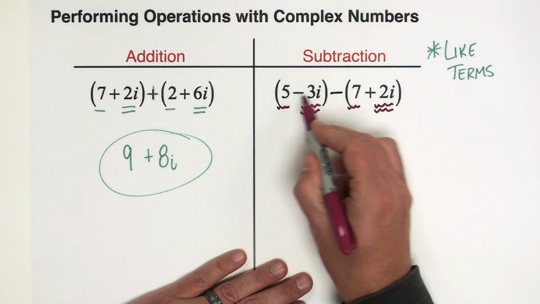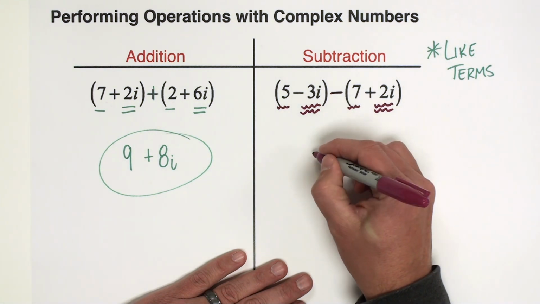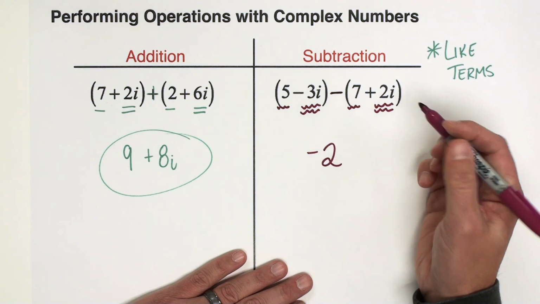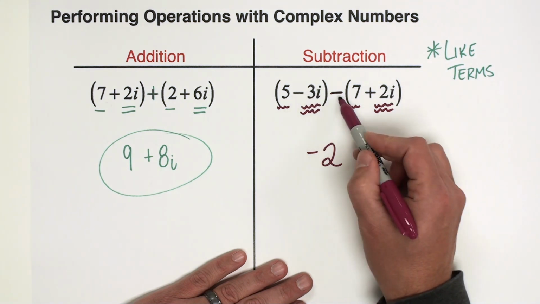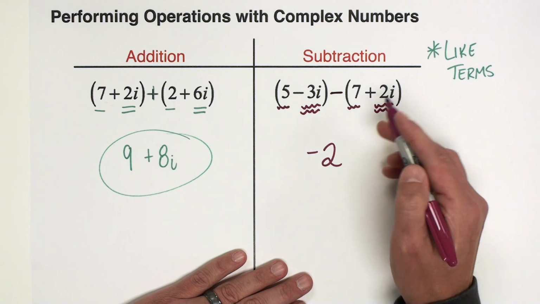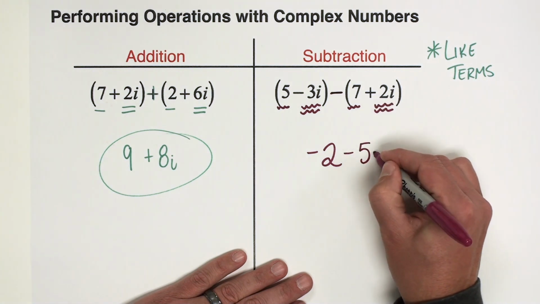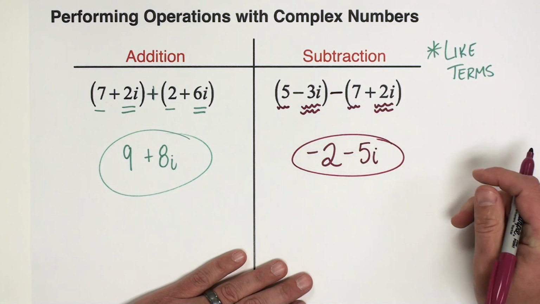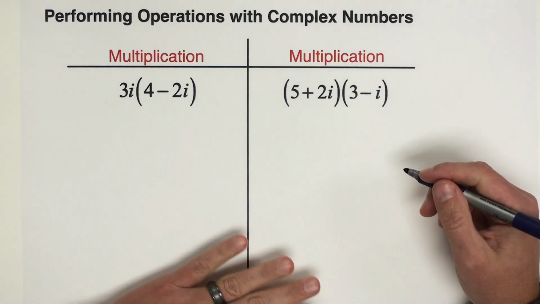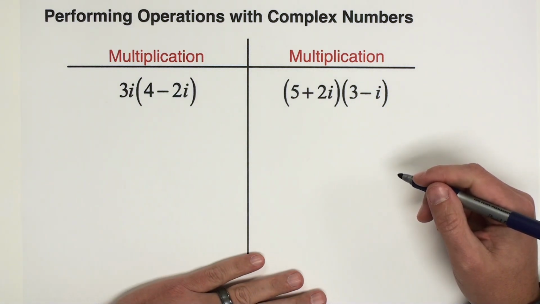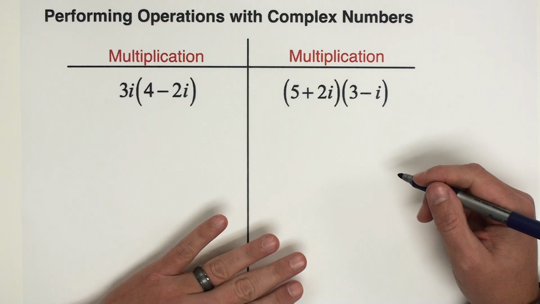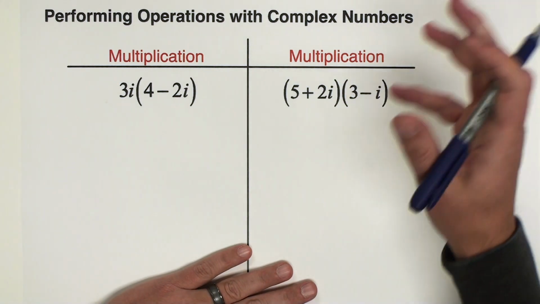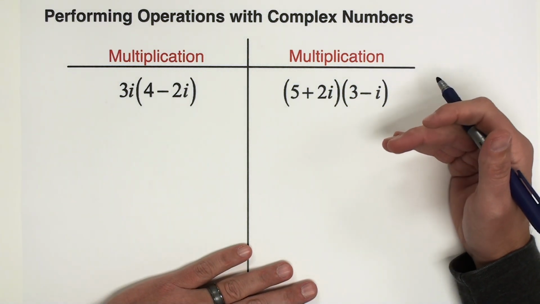So here we go. 5 minus 7 is negative 2, and negative 3i minus 2i is negative 5i. Now, we just took a look at addition and subtraction, which are two of our four basic operations. Let's look next at multiplication.